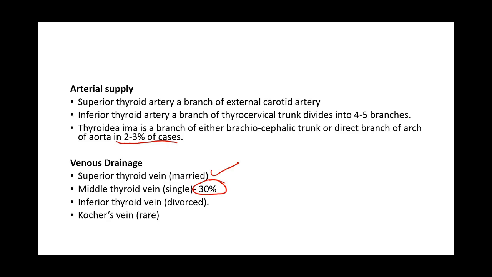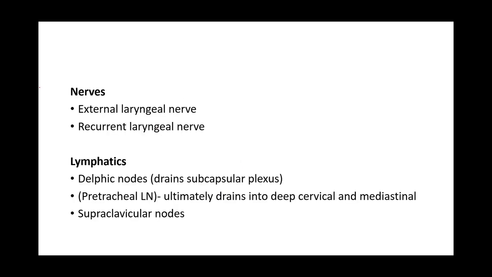The inferior thyroid vein runs separate from the inferior thyroid artery. They are termed divorced, and rarely you could have a Kocher vein draining the thyroid. The nerves that are related to the gland are the external laryngeal nerve, the external branch of the superior laryngeal nerve, a branch of the vagus, and the recurrent laryngeal nerve, also a branch of the vagus.